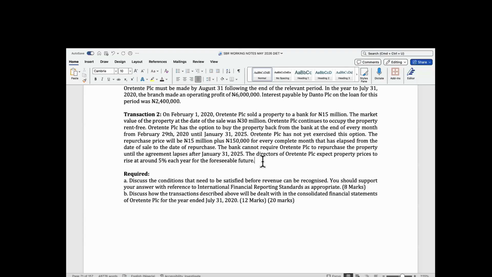I know I can't finish it tomorrow, but if I can finish it next week Wednesday, that would be nice, so that we can also cover IAS 19 on employee benefits, and then move to group accounts.